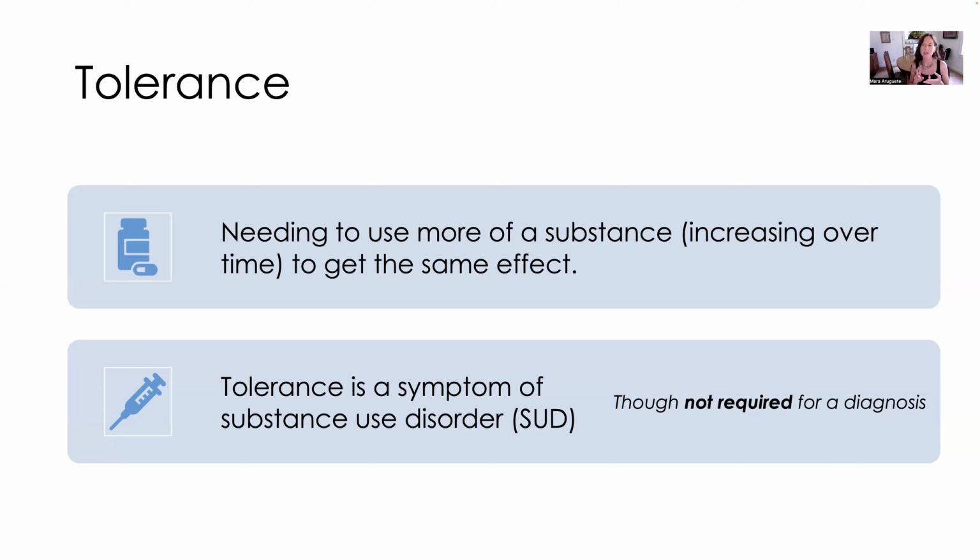Because you really only need 2 to be diagnosed, tolerance is not required for a diagnosis. Though, tolerance and withdrawal are going to be there in a lot of cases of substance use disorder. So recognize, though, it's not required for diagnosis. It is a symptom.